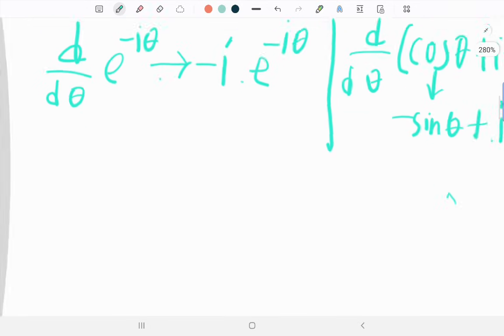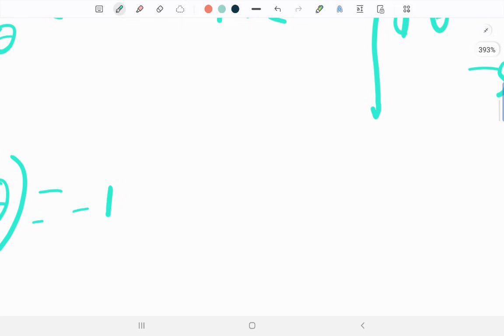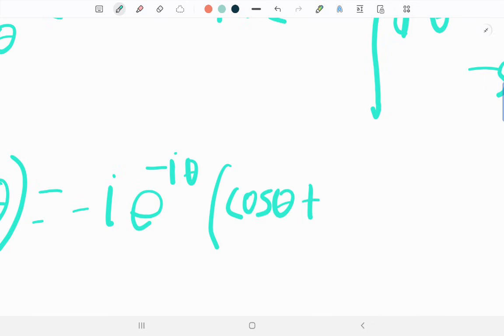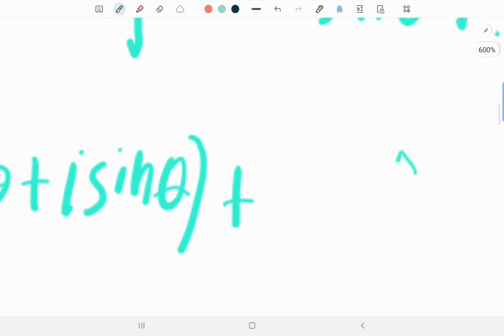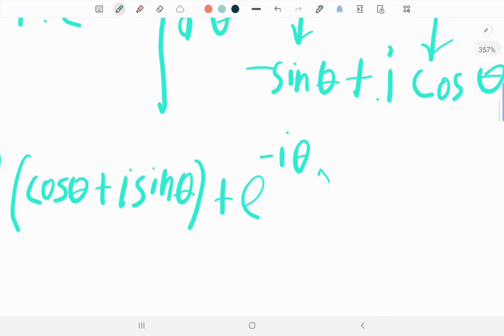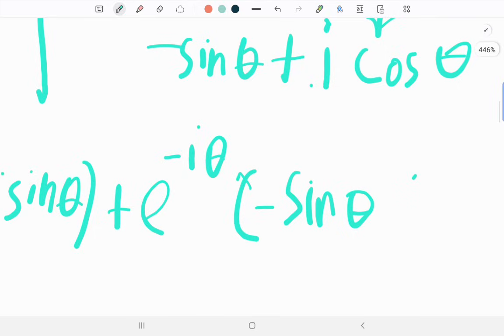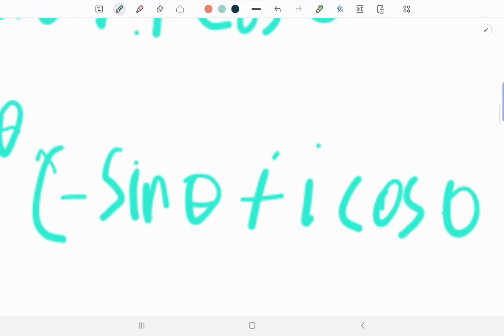Therefore, the derivative of f of theta is equal to negative i times e to the negative i theta times cosine theta plus i sine theta, and then we add e to the negative i theta times negative sine theta plus i times cosine of theta.